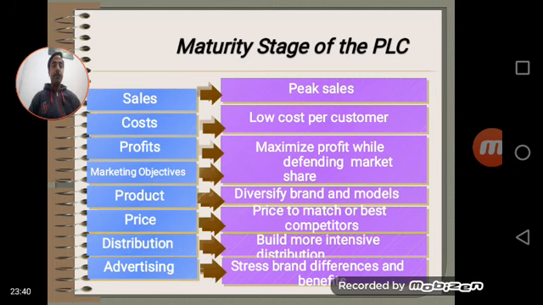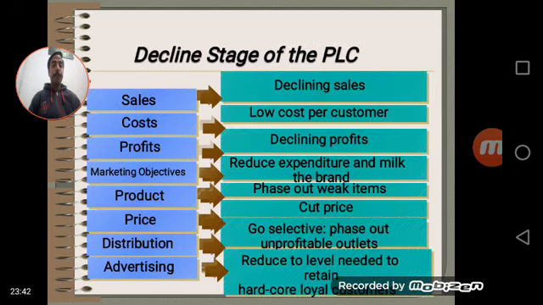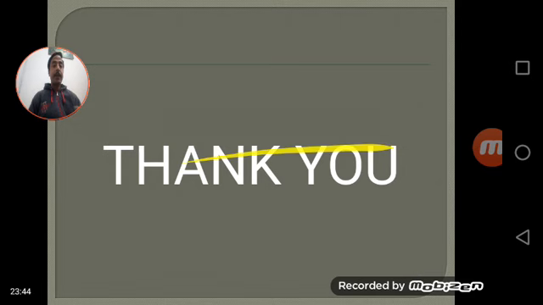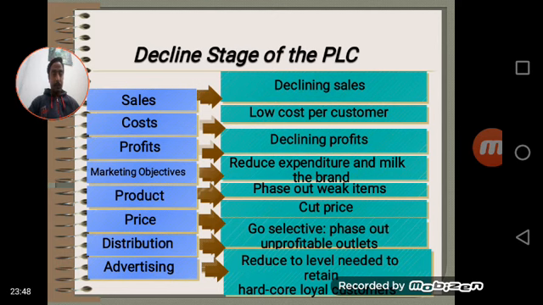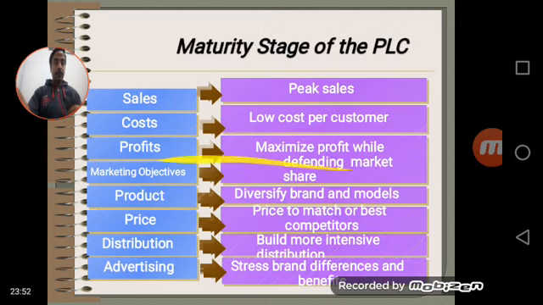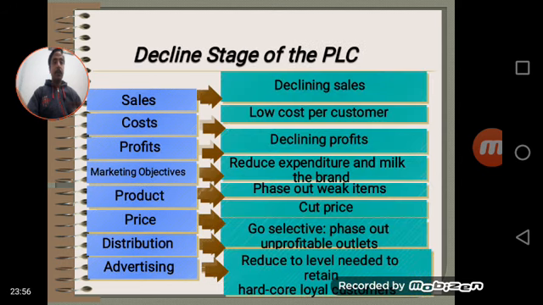Last one, that is the declining stage. Declining stage. Okay. In the declining stage, your company is already matured.